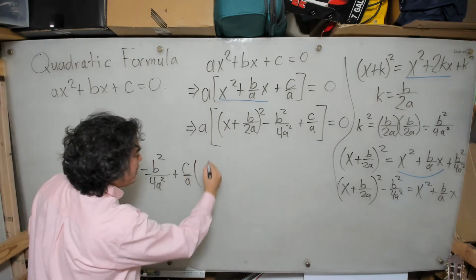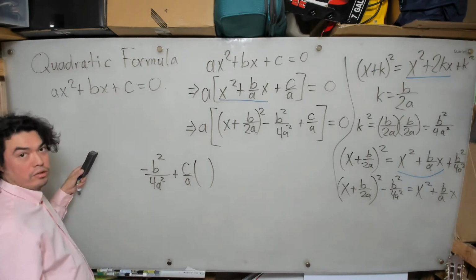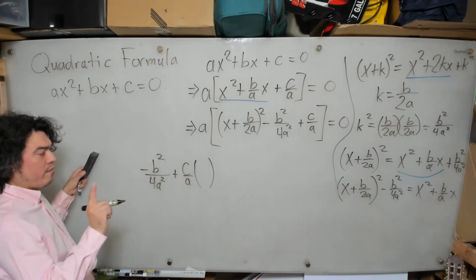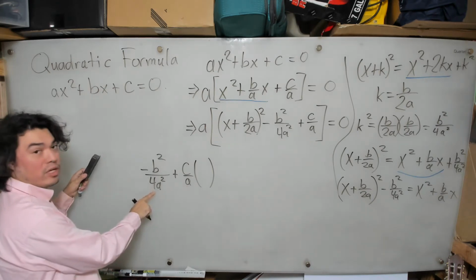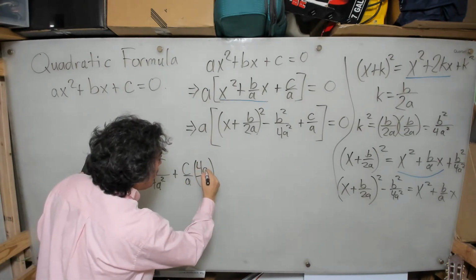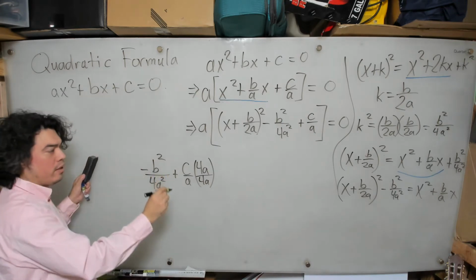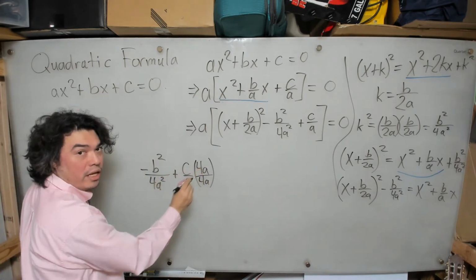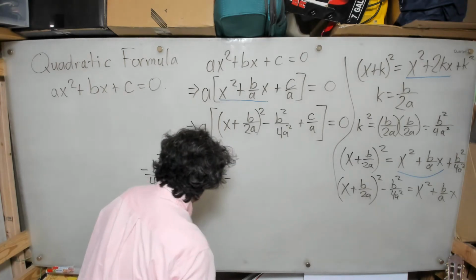So I'm going to multiply this fraction by something that will allow us to have the same denominator so we can combine them. If you notice, if I multiply this bottom by 4 times a, I'll get 4a squared. So I'm going to multiply the top by 4 times a and the bottom by 4 times a. Now, I want you to stick with me here.